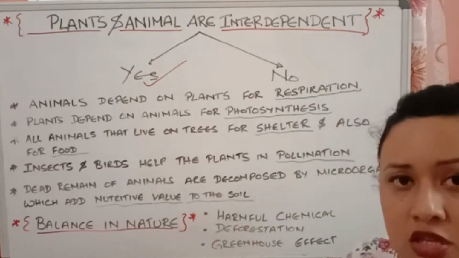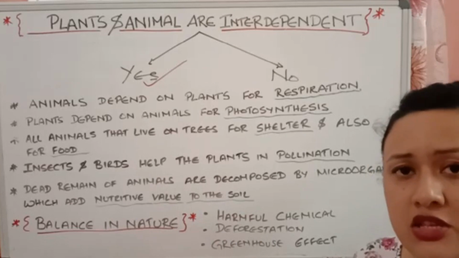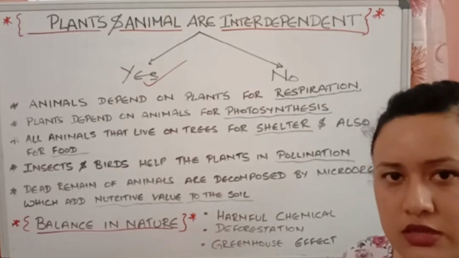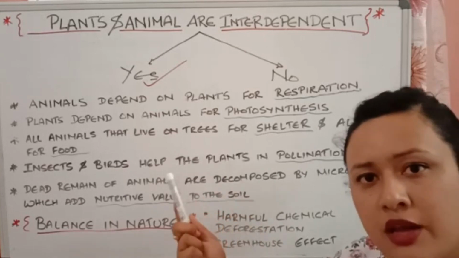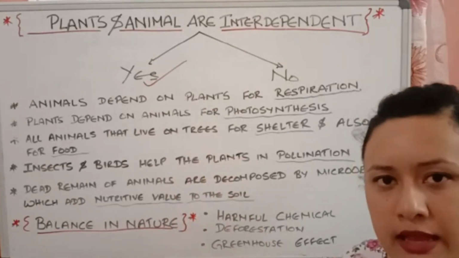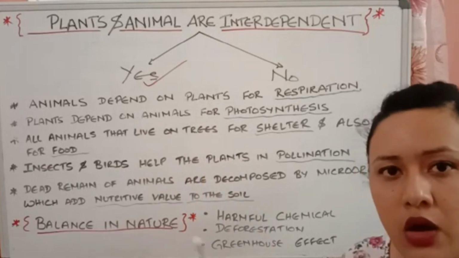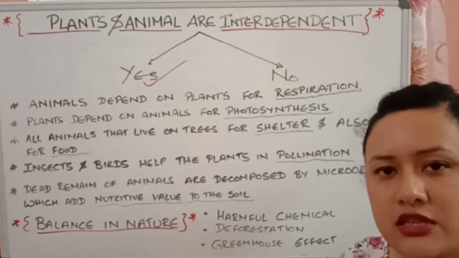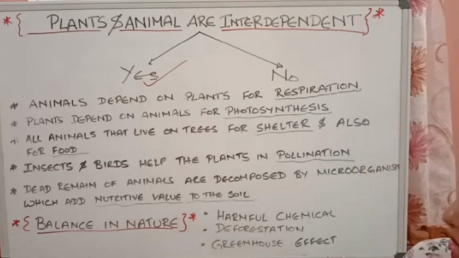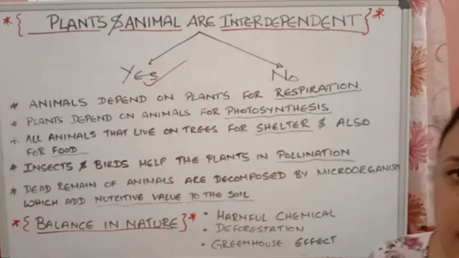They are decomposed in the soil, such that the soil gains fertility. It gains all the nutrients that can be utilized by the plants for their further, proper and healthy growth. So that is how they are interrelated, interlinked with each other. So the first topic is done.